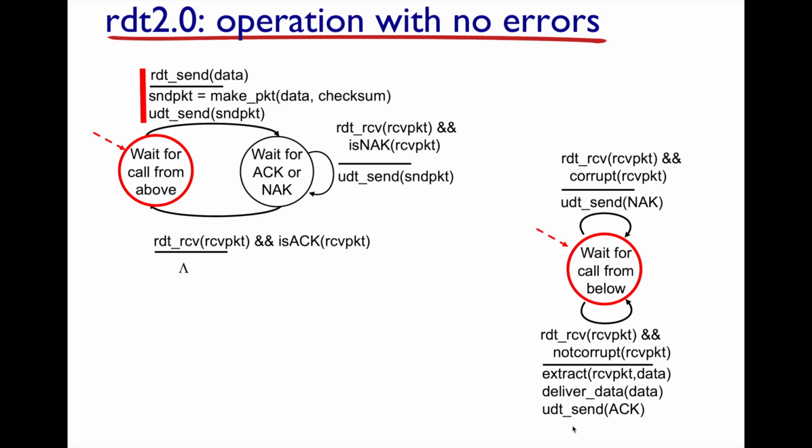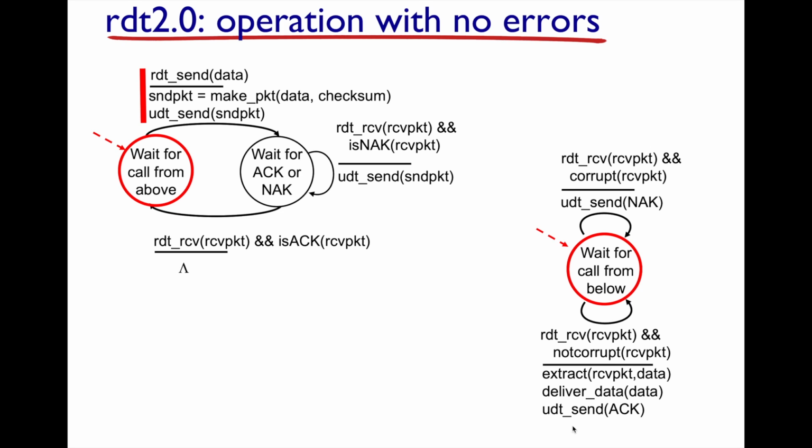In response to that, our transmission layer sender runtime takes that message data from the application, constructs a packet, computes a checksum, and stuffs that checksum into the checksum field of the transport layer header part of that packet. So it creates a packet, including the checksum and the message data, and then it calls UDT send, the unreliable data transport send, sending that segment to the network layer below it.